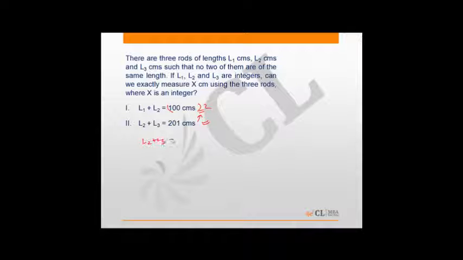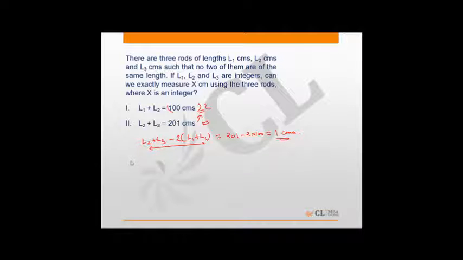L2 plus L3 minus twice of L1 plus L2 gives you 201 minus 2 into 100, that is 1 centimeter. So this combination is of length 1 centimeter.